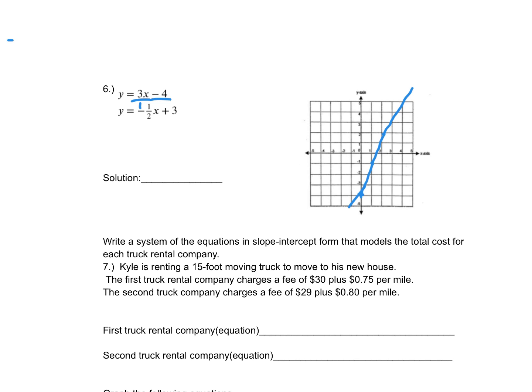Okay. Our second one is +3. And we're going to point that on our y-intercept right here. And our slope is -1/2. So I'm going to go down 1 for my negative and to the right one. Down 1 to the right one. Down 1 to the right one.